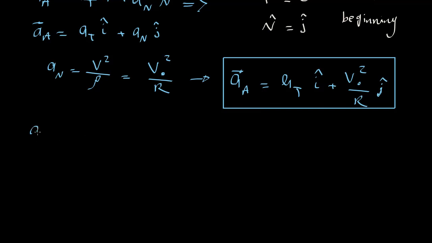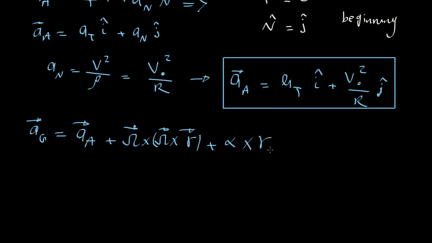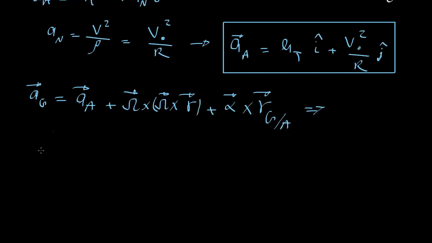For a rigid body, a_G is equal to a_A plus omega cross r plus alpha cross r_G with respect to A. So a_G is equal to a_t in the i direction plus v naught squared over r in the j direction.